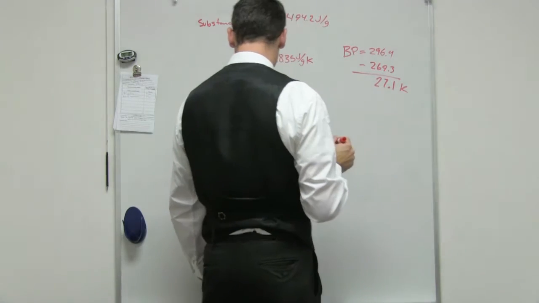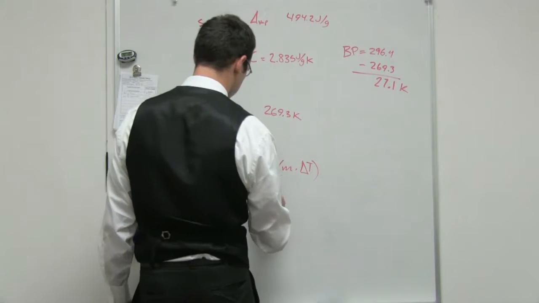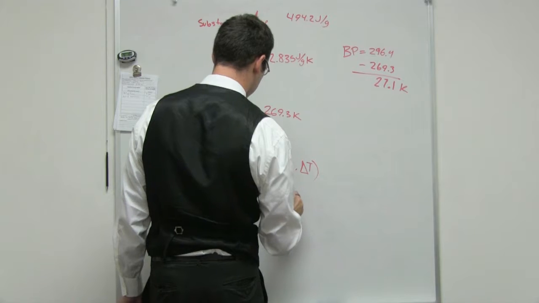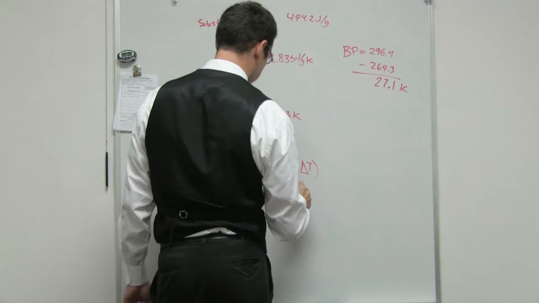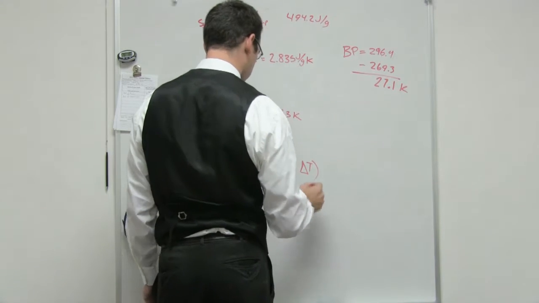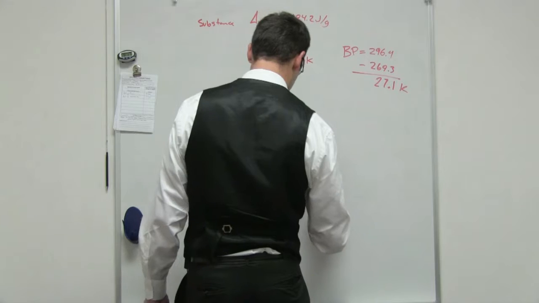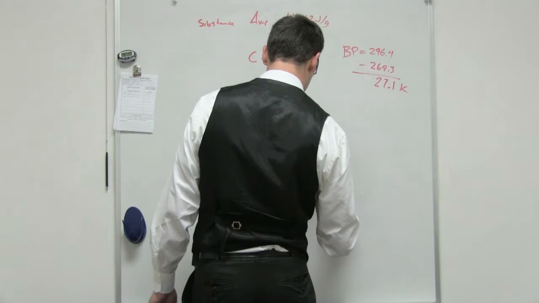So E is equal to our heat capacity, which is 2.835 joules per gram per Kelvin, multiplied by our mass, which is 12.17 grams.